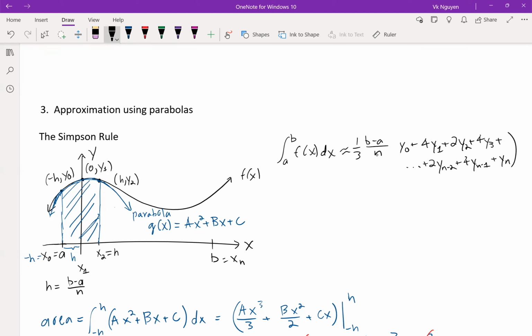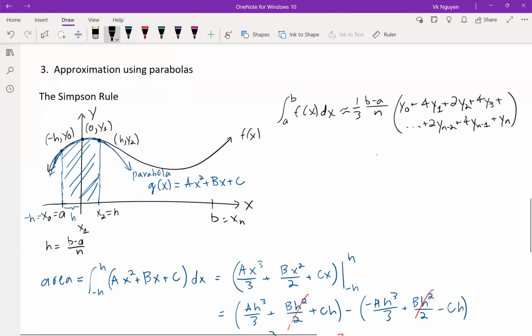Yay! And that is the approximation using Simpson rule. The approximation only works when n is even. So n has to be an even number.